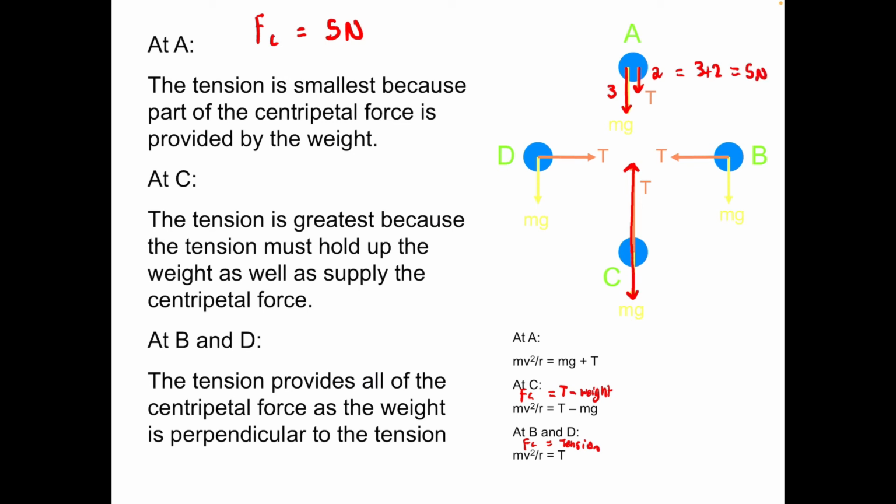At point C, if our weight is 3 newtons, the tension is 8 newtons, which still gives us a centripetal force of 5 newtons. At point B and point D, the tension is 5 newtons because it is equal to the centripetal force.